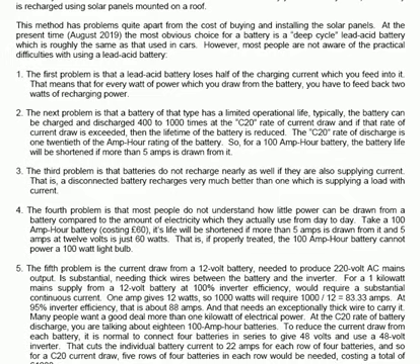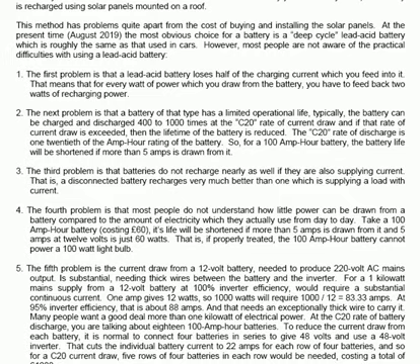Typically, the battery can be charged and discharged 400 to 1000 times at the C20 rate of current draw, and if that rate of current draw is exceeded, then the lifetime of the battery is reduced. The C20 rate of discharge is 1/20th of the ampere rating of the battery.